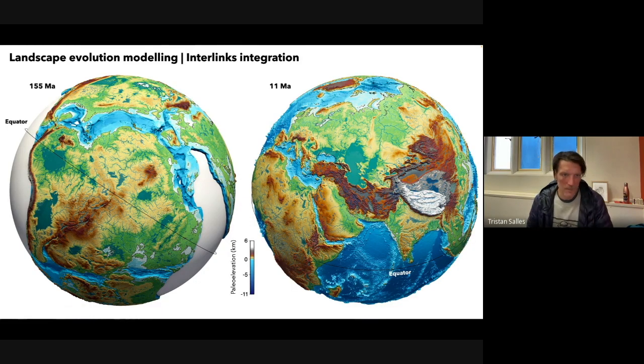And so here, for example, you've got two snapshots at different times from our model. If you remember one of the first slides, where we had this representation of the paleogeography with polygons, you can see we've got a much better representation of the landforms.